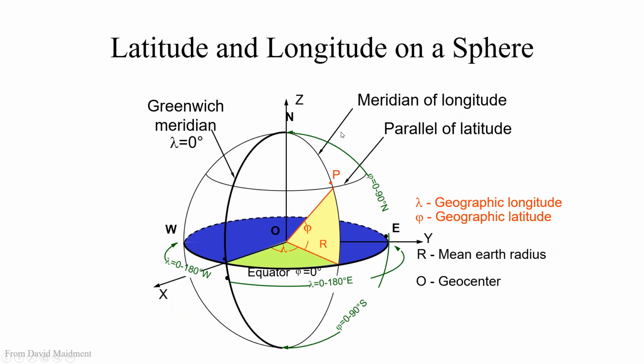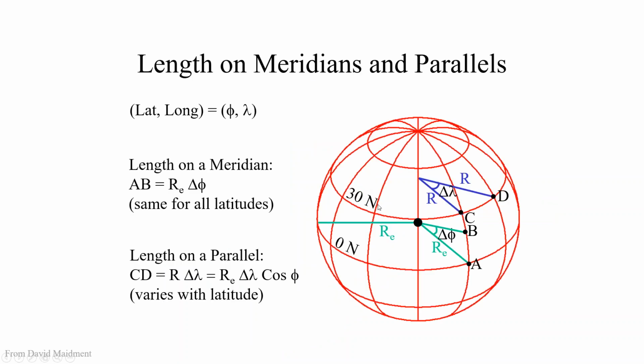And given that the flattening ratio is quite small, we often think of the Earth as a sphere with the parallels of latitude and longitude, and that lets us get approximate distances based on spherical geometry.